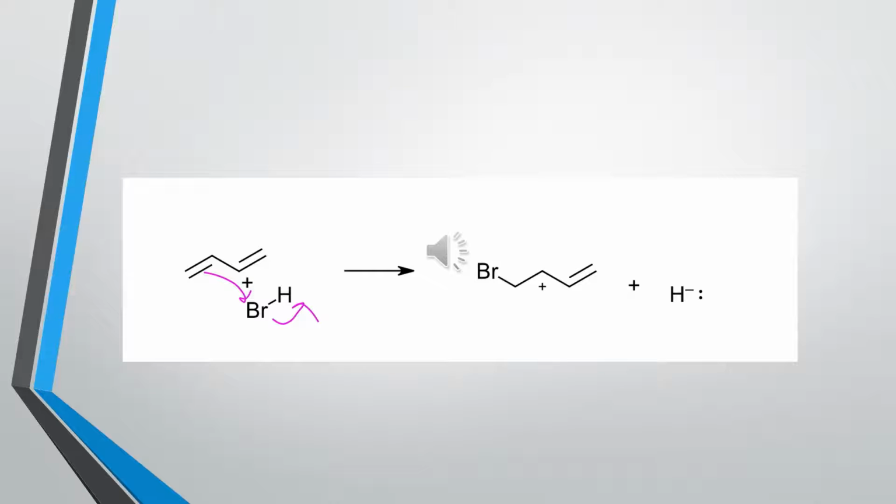Okay, so maybe this is a better first step. If the problem with the previously proposed reaction mechanism was the first step, then let's work on the first step. So again, here we have butadiene reacting with HBr, but I've turned the HBr molecule around. And now I've added essentially Br plus to the diene to generate the secondary carbocation.